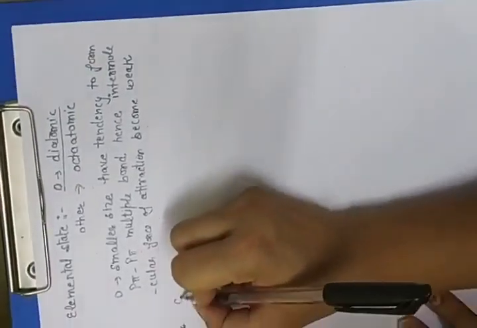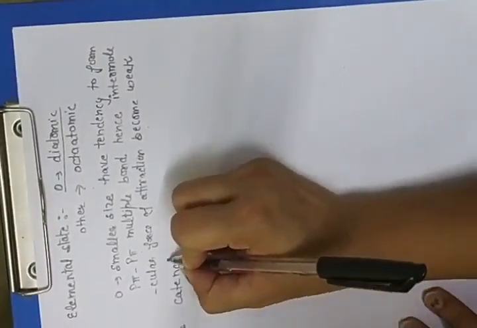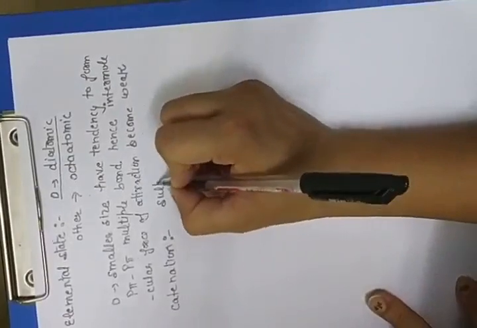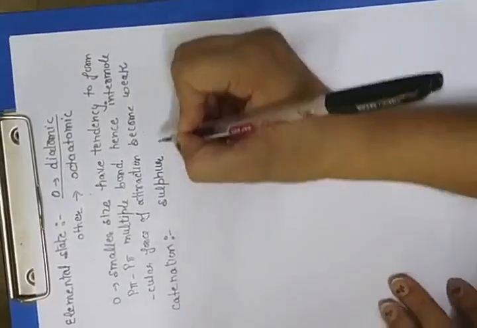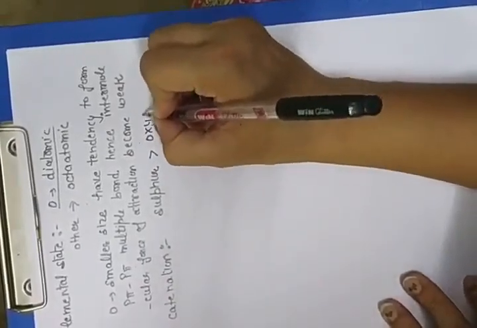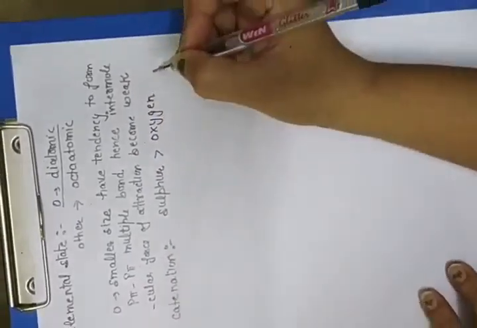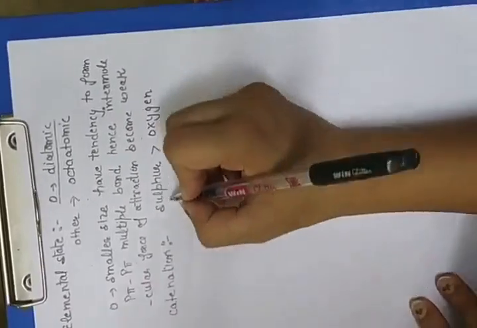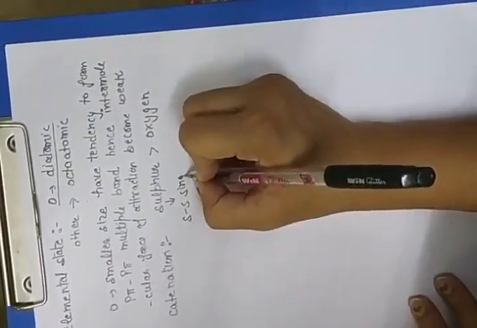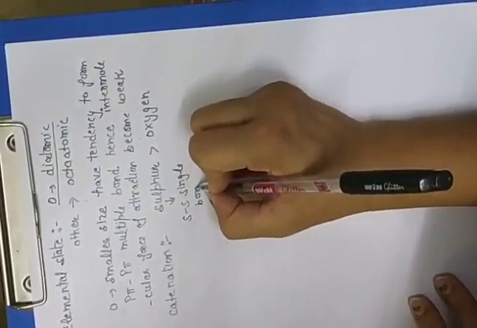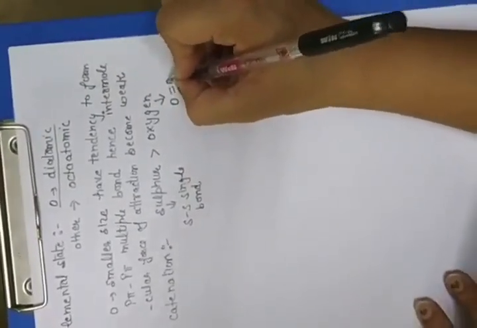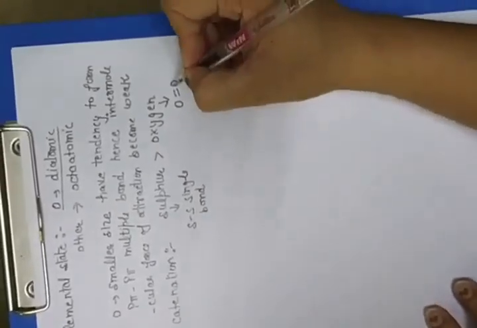And the last property is catenation. So sulfur has more catenation property in comparison to oxygen, as it has a sulfur-sulfur single bond, and in oxygen's molecule it has a double bond.